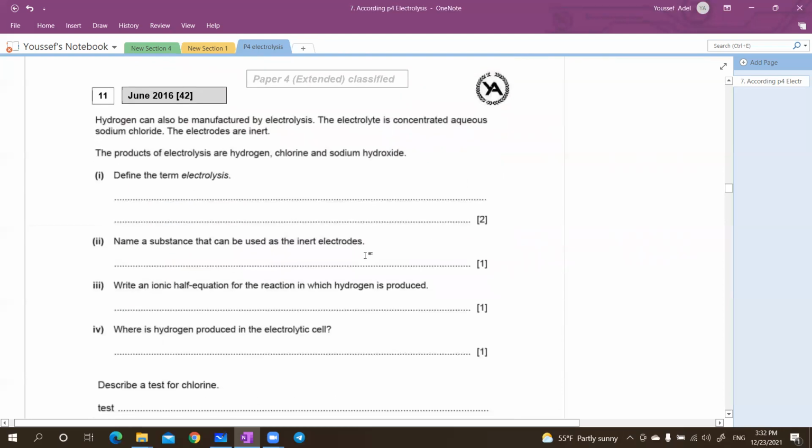The next question. What is meant by electrolysis? Electrolysis is breaking down molten or aqueous ionic compounds by passing electricity.